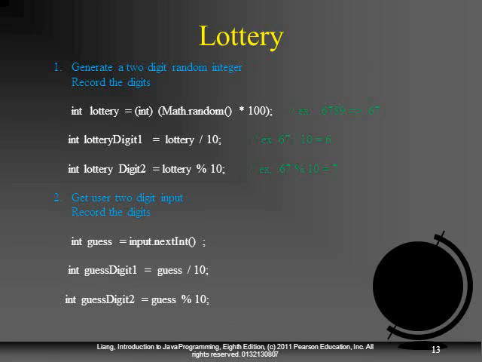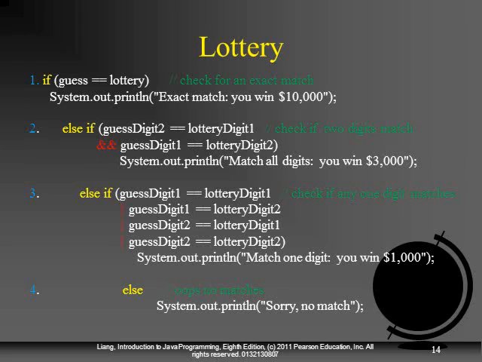All right? So once that is done, all that is left to do is to determine if our user is a winner. If you remember from our pseudocode, we have to test for 3 conditions. The number is exactly equal, the 2 digits of the number match but the number is not exactly equal, or any one of the digits matches.